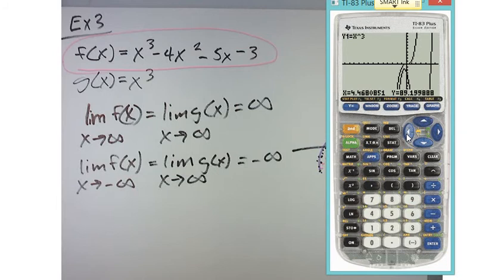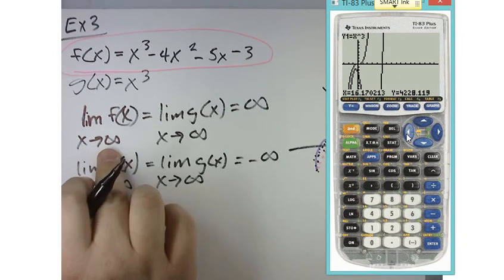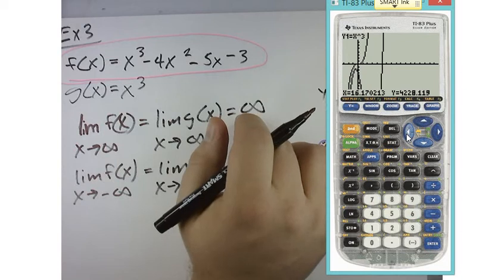And if I keep going, as x increases, what does y do? It increases. So as long as x is increasing, y will continue to increase. So as x approaches infinity, then my y value approaches infinity.